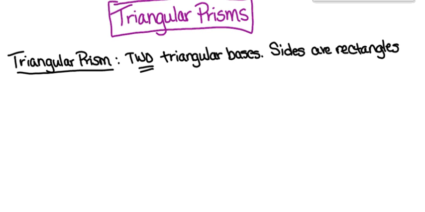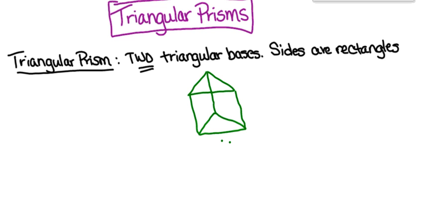So to draw a picture of my triangular prism, I would start by drawing my two triangular bases first, and then I would connect all of those vertices. So not fancy, but again, you can see the base here at the top and the bottom, in the front, the right side, and the left side that are rectangles.